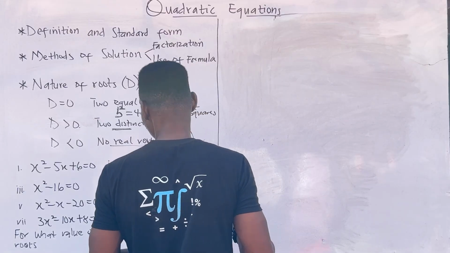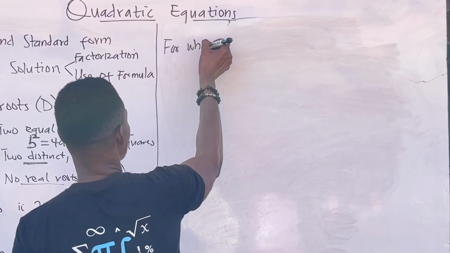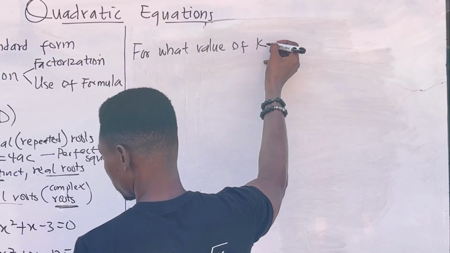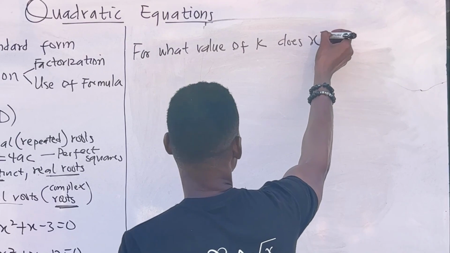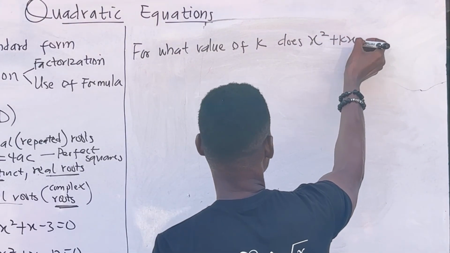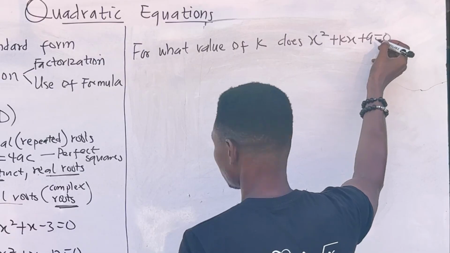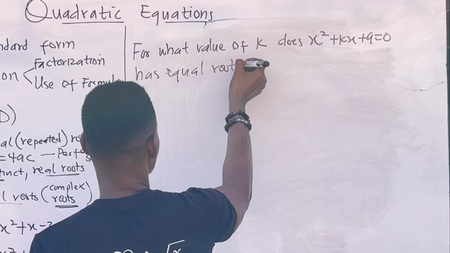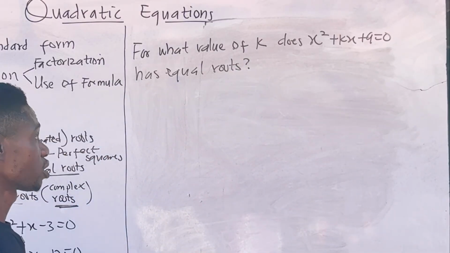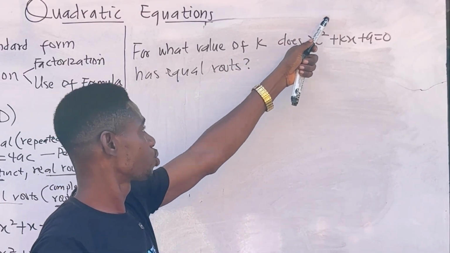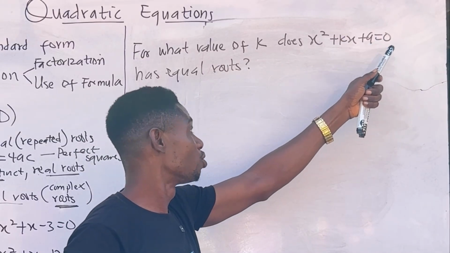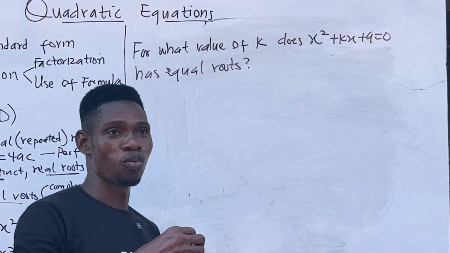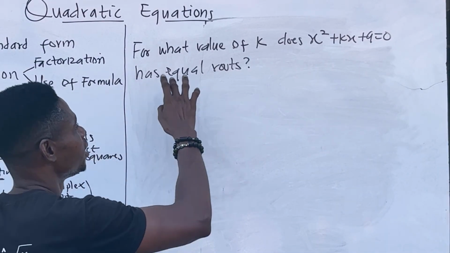The question says, for what value of k does x squared plus kx plus 9 equals 0 have equal roots? Now, our b is not given to us as a number. It's given to us as k. But for what value of k does this have equal roots?